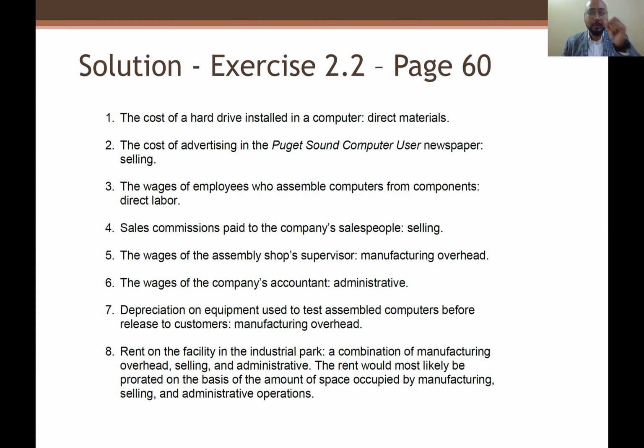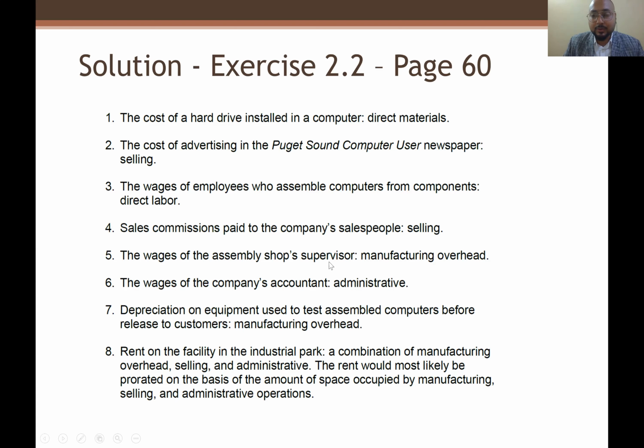It's easy because you know how much time is needed for the computer to assemble, and how many workers are working here, if 15 minutes, 20 minutes, whatsoever. So you can easily find out the cost of that computer. And then sales commission paid to company's salespeople, of course, selling cost, which is non-manufacturing cost.